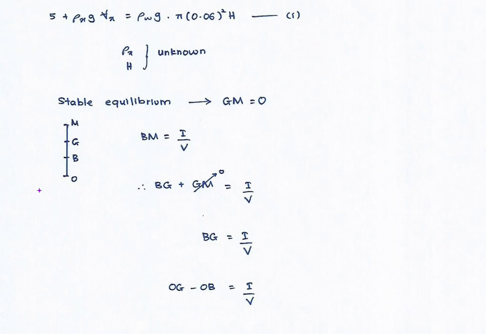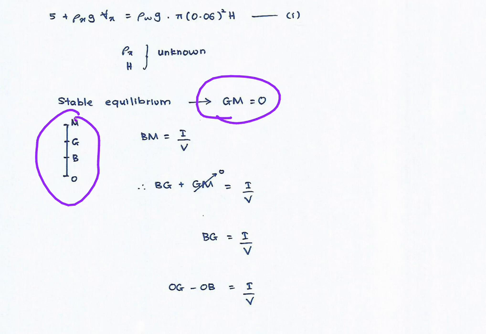Then, from the question, we know that this system is in stable equilibrium. Stable equilibrium means Gm is equal to 0. Previously, according to this axis, we could write Gm as Bm minus Bg.